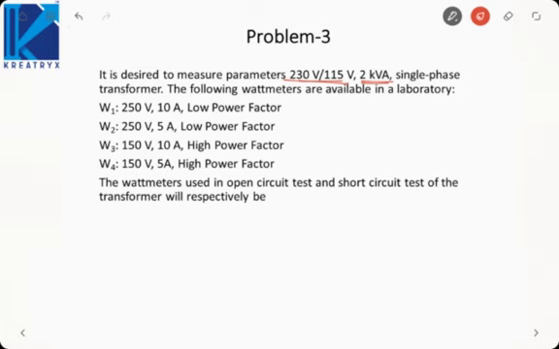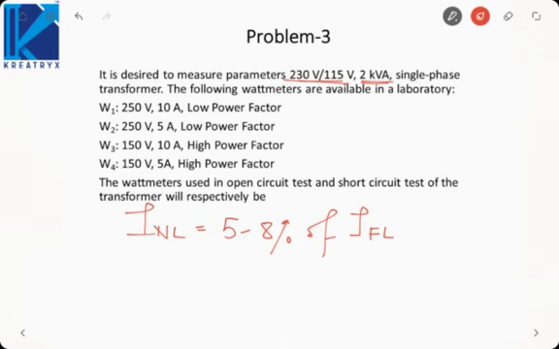Now first of all, if we remember, open circuit test is conducted at no load. That means the no load current will be measured by the ammeter, or no load current will be flowing through the wattmeter. Okay, and I know no load current is 5 to 8% of full load current. That is, no load current is very small.